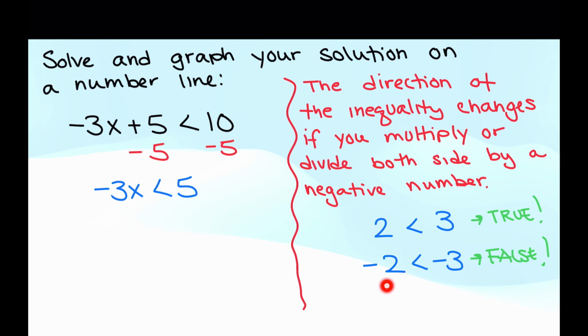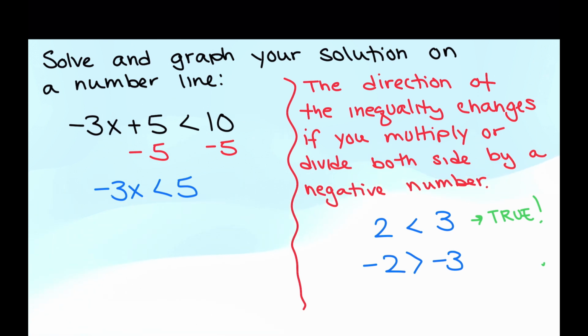Negative 2 is actually bigger than negative 3. Negative 3 is the smaller number. When we make these numbers negative, it changes which one is smaller than the other. So to make the second statement true, I have to flip the direction of the inequality. Negative 2 is bigger than negative 3. That is now a true statement.